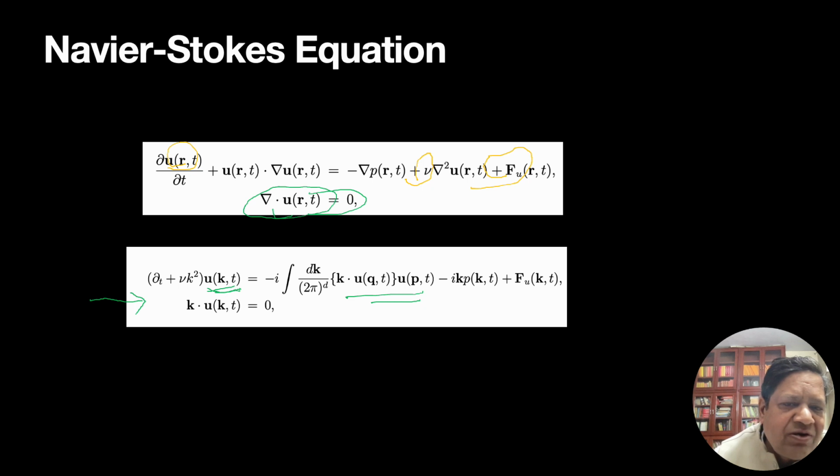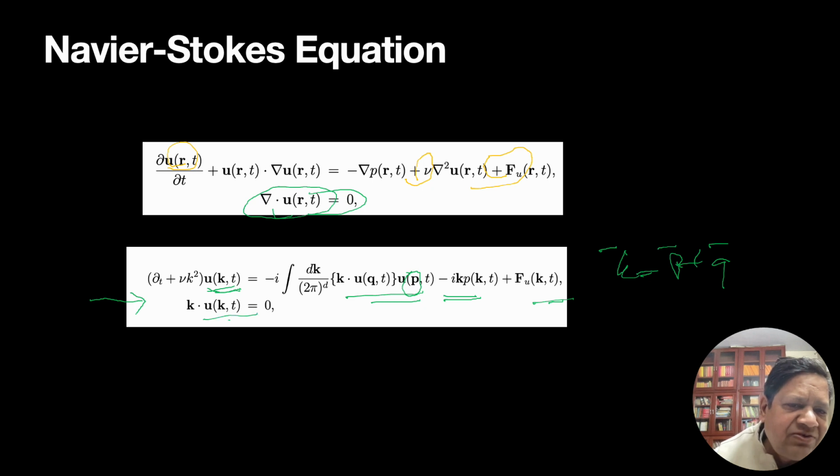Please recall that k equals p plus q. So we sum over all p's for a given k, and q is of course k minus p, and the pressure gradient becomes minus i k p, and F of k is the Fourier transform of f of r.